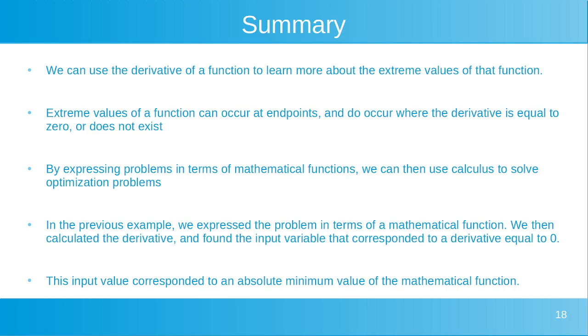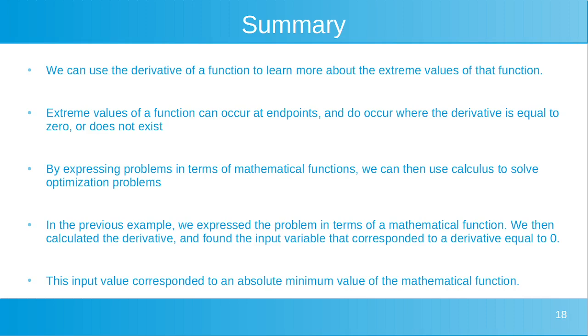So, in summary, we can use the derivative of a function to learn more about the extreme values of that function. Extreme values of a function can occur at endpoints and do occur where the derivative is equal to 0 or does not exist. By expressing problems in terms of mathematical functions, we can then use calculus to solve optimization problems.